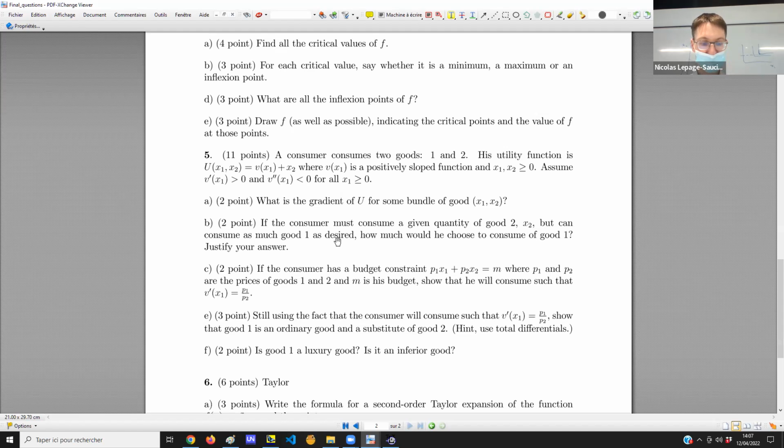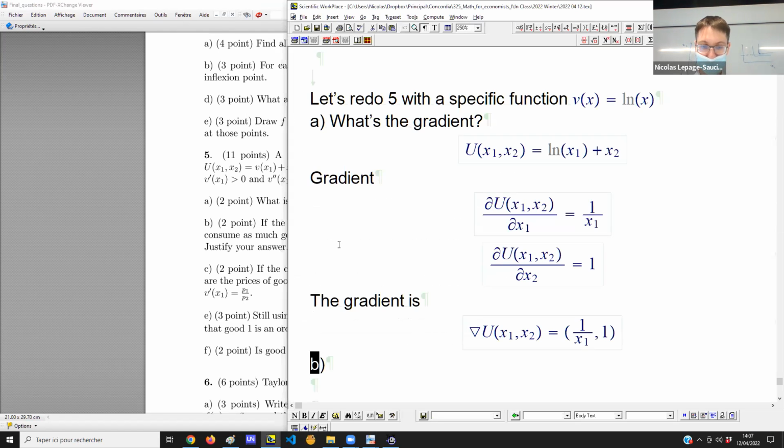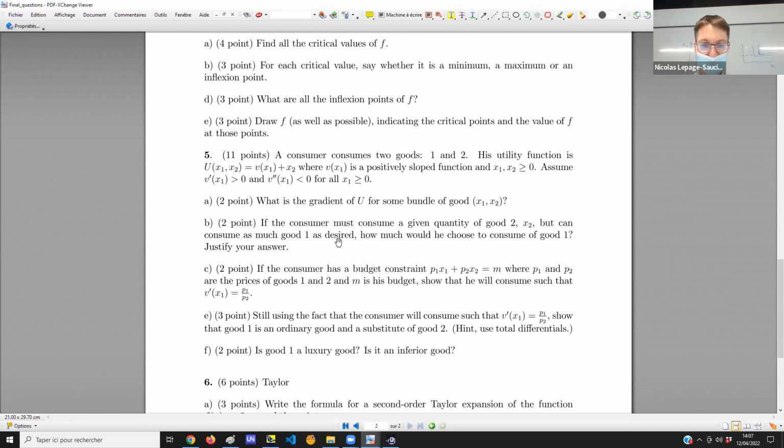So C: if the consumer has a budget, show that he will consume such that 1 over x1 equals p1 over p2.